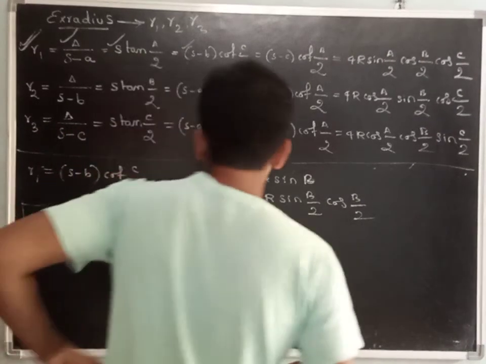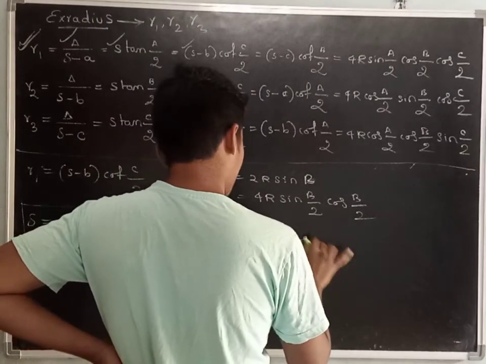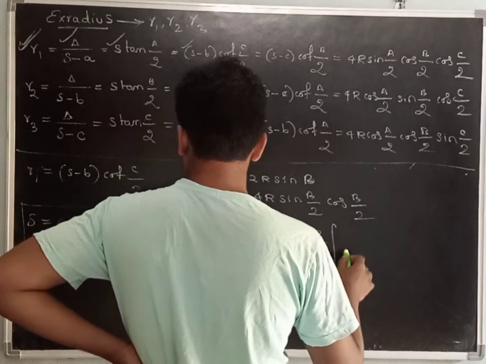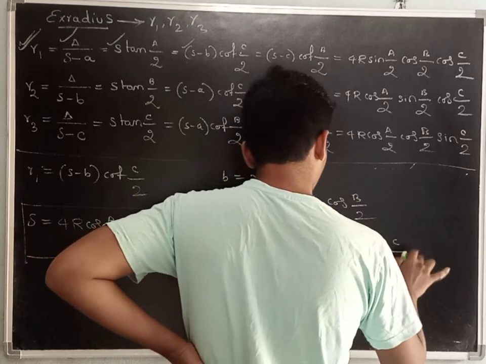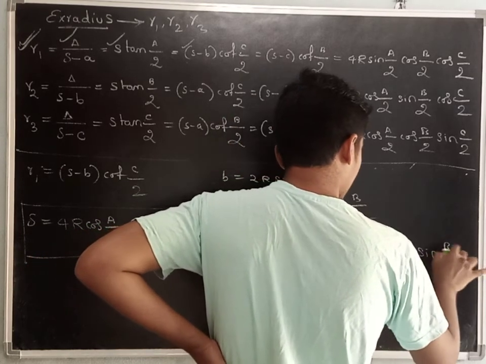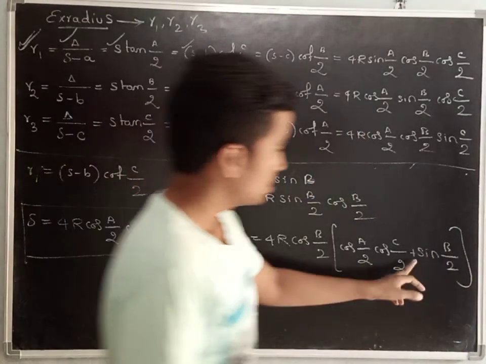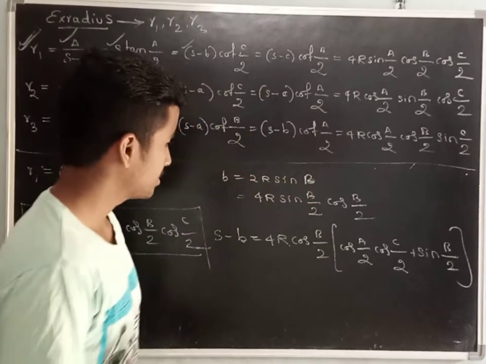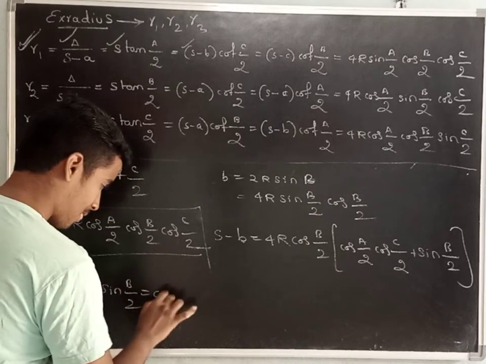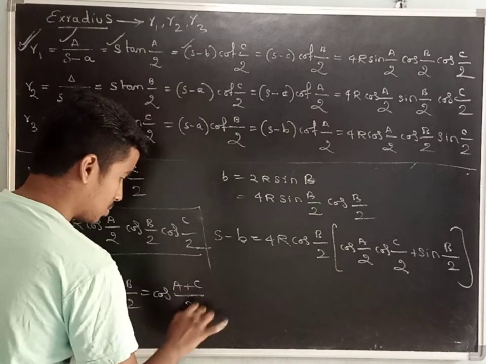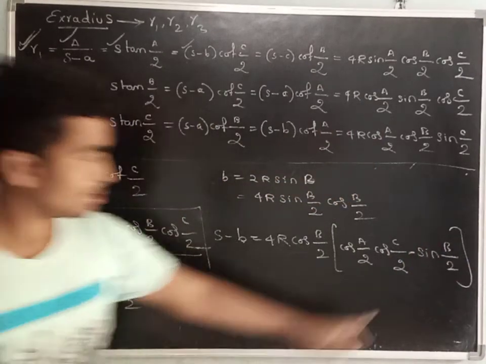So what I will do is s minus b into 4r cos b by 2 into cos a by 2 cos c by 2 plus sin b by 2. So sin b by 2 can be written as cos of a plus c by 2. Let me, here it is minus. Okay.